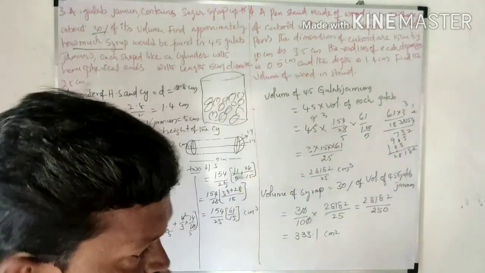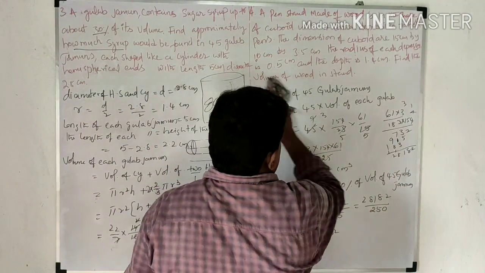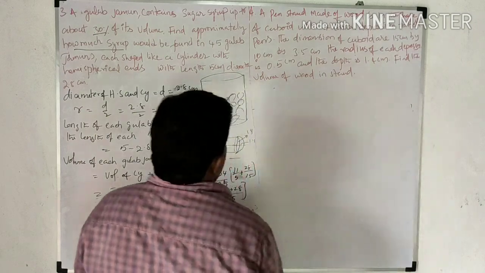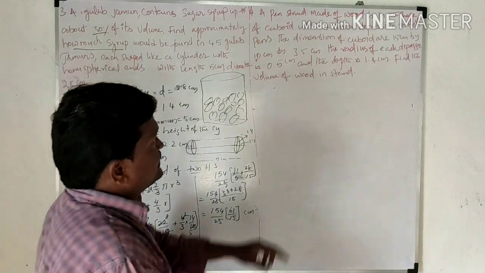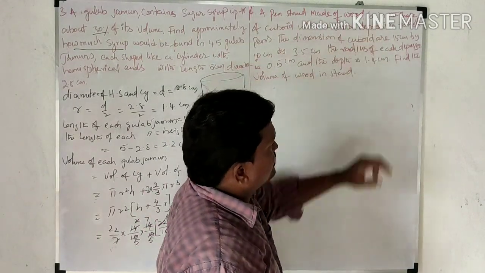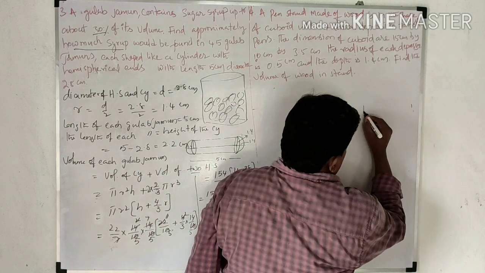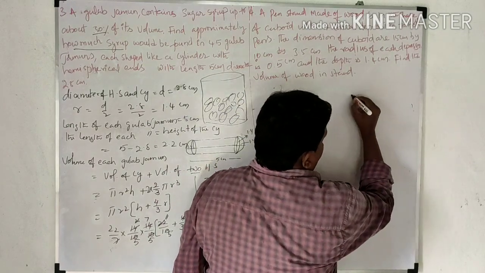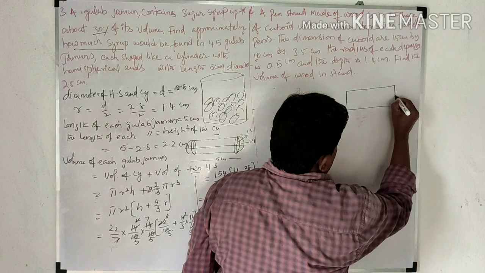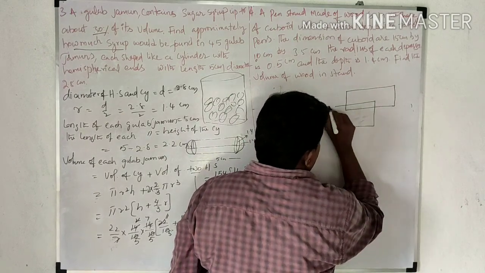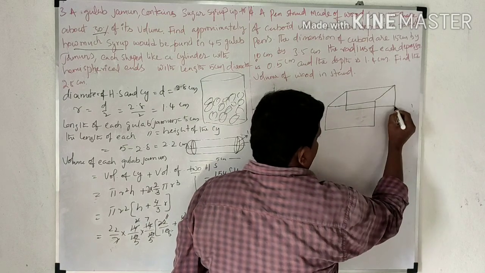Now let us solve the fourth question. See that here a pen stand made of wood. Pen stand is wood in the shape of a cuboid. One pen stand they made in the shape of cuboid like this.